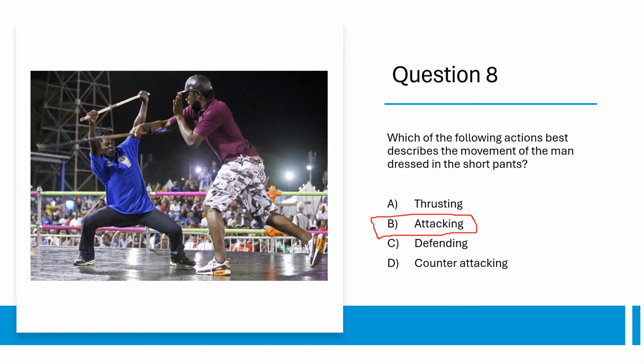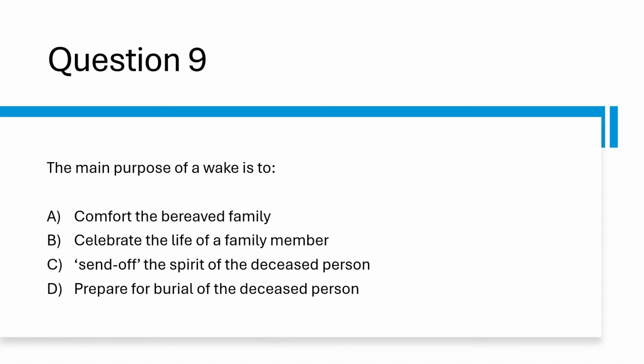All right, let's jump to question 9. The main purpose of a wake is to A, comfort the bereaved family, B, celebrate the life of a family member, C, send off the spirit of the deceased person, and D, prepare for burial of the deceased individual.